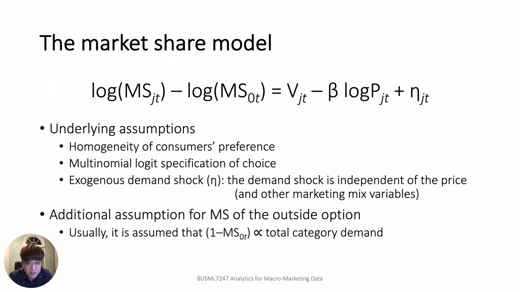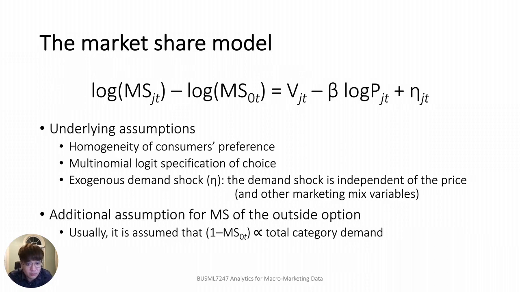Then, the market shares are generally recorded as 50% for brand A and 50% for brand B without consideration of the remaining 40%. But the market shares in the model above are the shares where the outside option is also included in the set. Therefore, the market shares in the data must be adjusted before estimating the model.